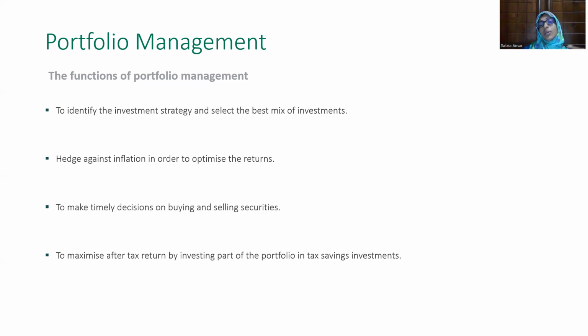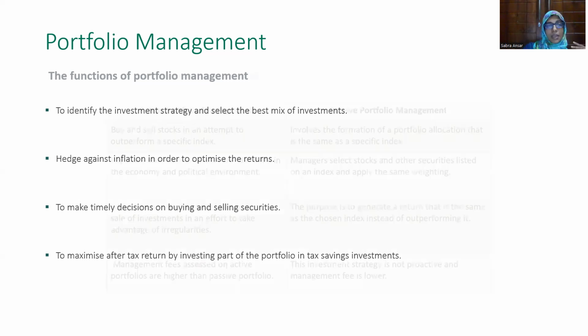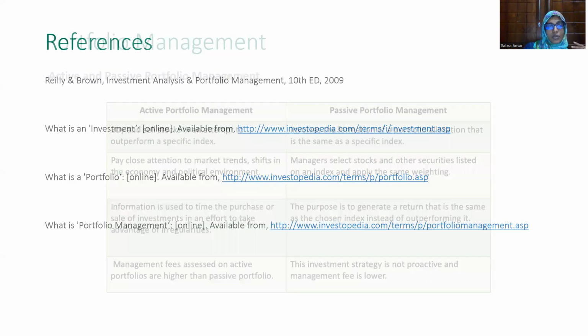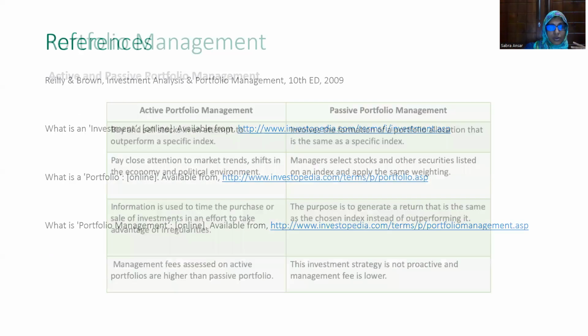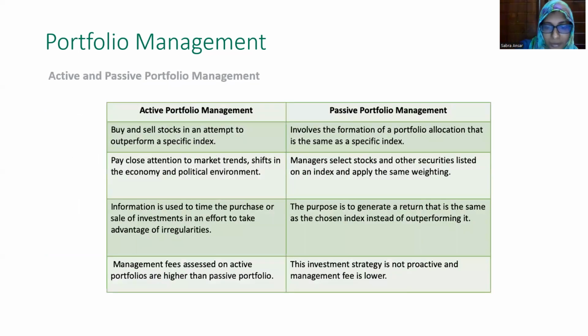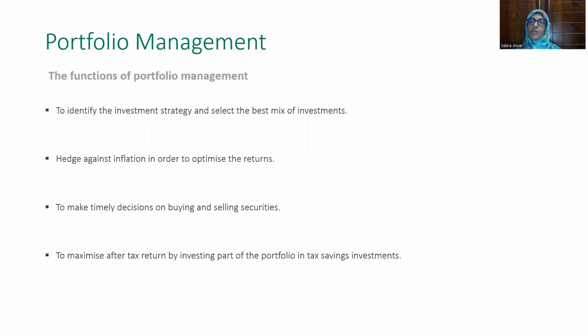Now, we need to understand that there are many functions. We were talking about the functions of portfolio management in order to understand why we need portfolio management. So we talked about the first three.